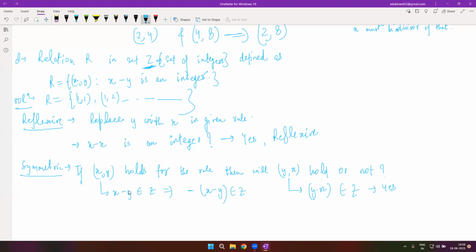If we multiply this by a negative, that doesn't change its nature. It will be an integer only. If the value was 4 before, we are multiplying it with minus, so it becomes minus 4. And if minus times of x minus y is also an integer, then we can say that y minus x is an integer, basically. Now for transitivity, consider two conditions true first.